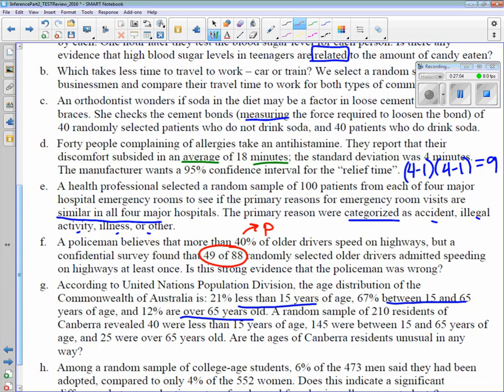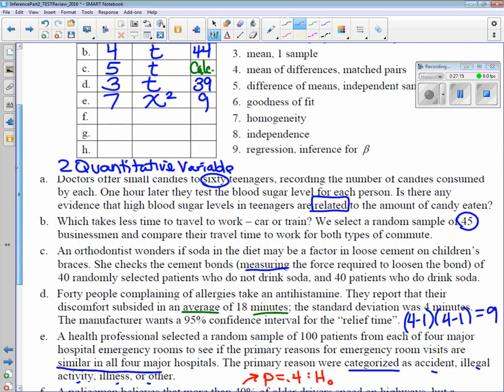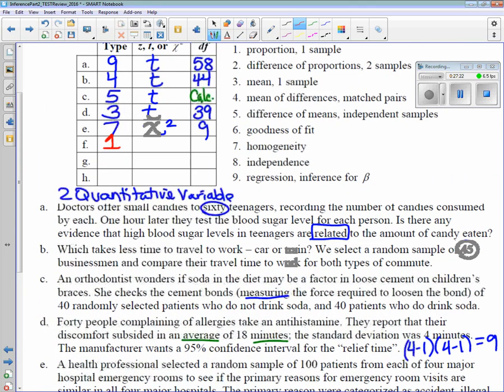P equals 0.4 is your null hypothesis. The 40% is what goes in that null and alternative. But the 49 out of 88 is your p hat. So F would be 1 proportion. It is Z's. What's true about the degree of freedom? It doesn't exist. Not applicable.